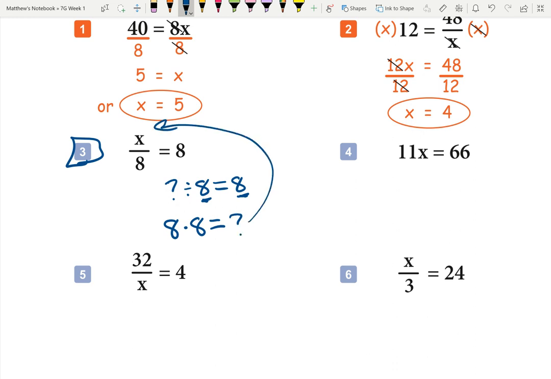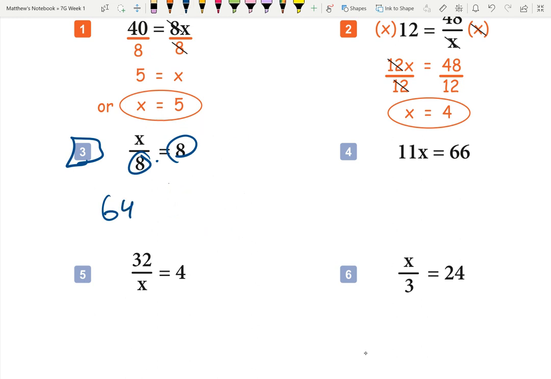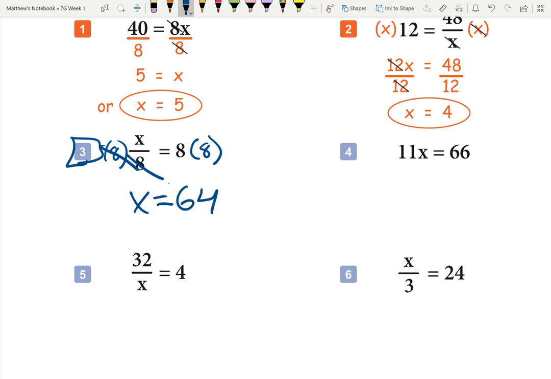So when we do that, 8 times 8, that's going to give us 64. Because instead of dividing by 8 here on the bottom, we're going to multiply by 8. So that means we also have to multiply this side by 8. We cancel out the 8s, and so now we have x equals 64.